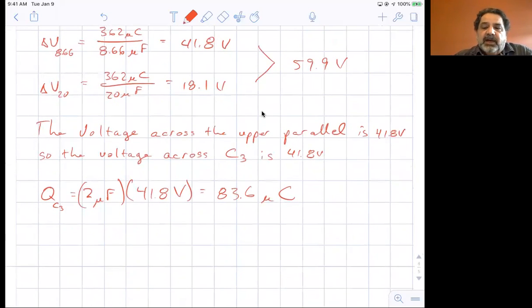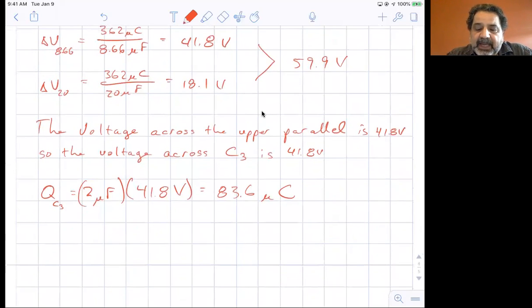So the voltage across C3 is 41.8 volts, and the value of C3 is 2 microfarads. So the charge on C3 is equal to 2 microfarads times 41.8 volts, and you end up with 83.6 microcoulombs, and that is the answer there.